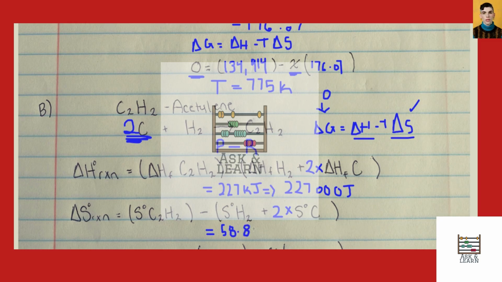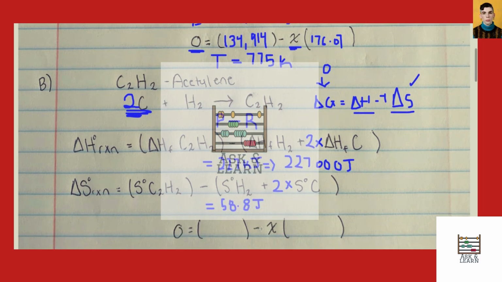All right, you know where we're going from here. We're going to plug it into our equation up here again. So again, we're setting delta G to 0. When you're trying to find the temperature at which a reaction becomes spontaneous, you're always going to set your delta G to 0. So we have 227,000 joules for our delta H, and then X is going to be our temperature we're solving for, and then we have 58.8 joules over there.